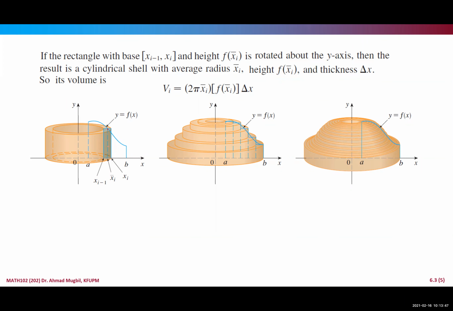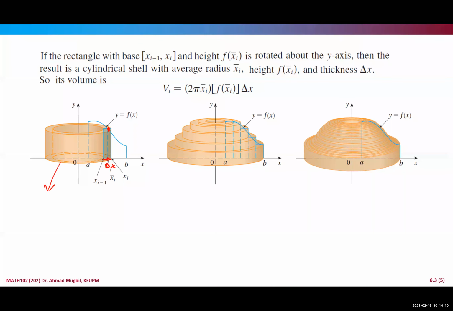So we draw a line here, and then we imagine that we rotate this rectangle, and we have this shell. This is the typical shell. What is the volume of the typical shell? To find it, let's say that the thickness variable is delta x, which is x_i minus x_(i-1).